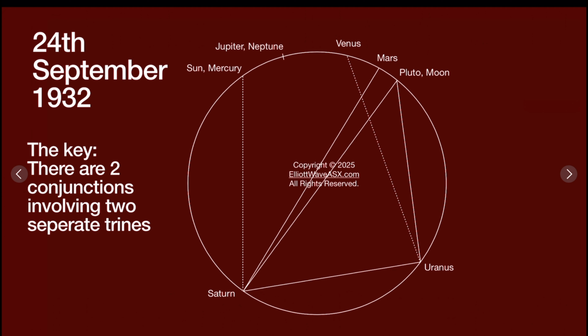So we've got Pluto-Moon conjunct with the trine to Venus, and we've got Sun-Mercury conjunct, which is in the trine, and Saturn is square to both Mars and Pluto.